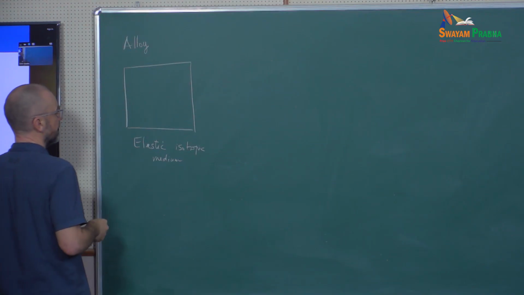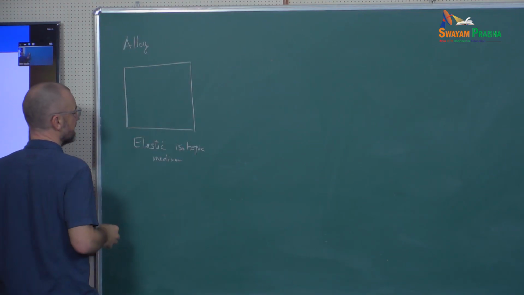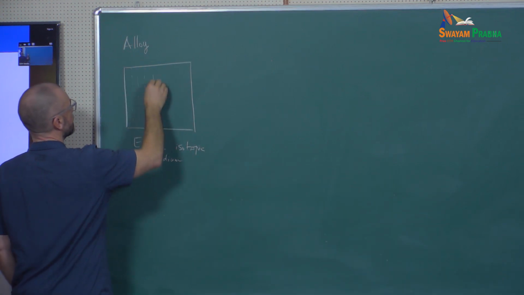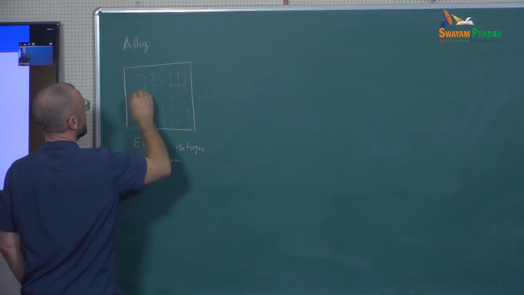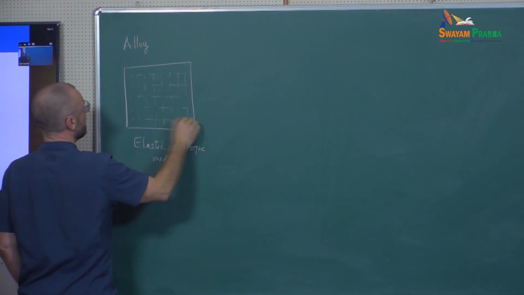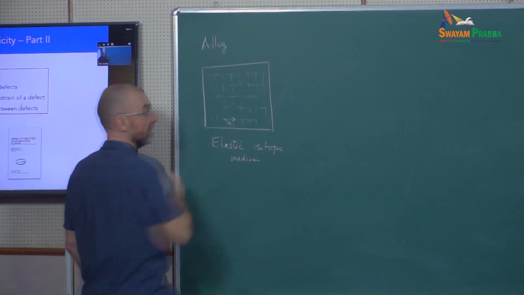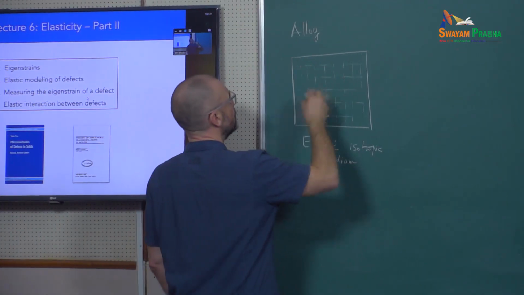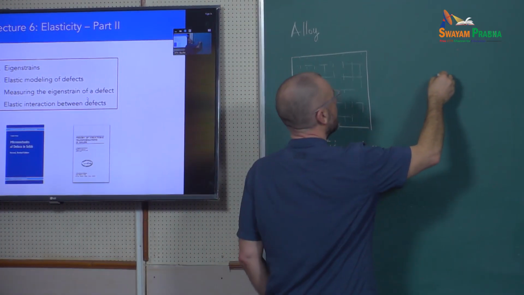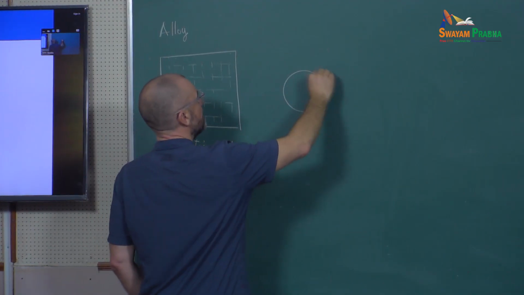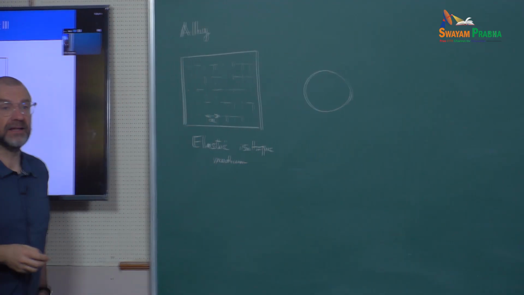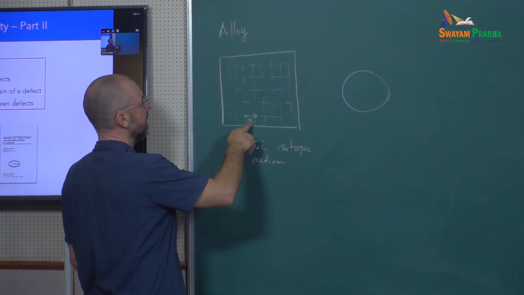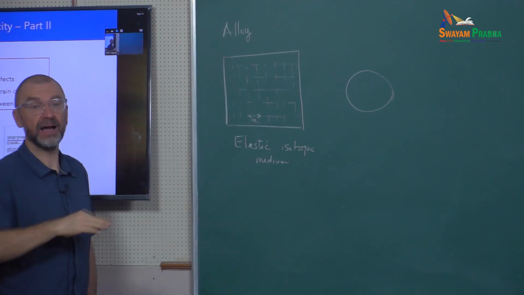And now let's assume that behind this elastic isotropic medium, there's a lattice with a lattice parameter here that I will call A. Now in this lattice, I am going to assume that there's a precipitate that forms, but the precipitate is made of a second phase that, in generality, does not have the same lattice parameter as the matrix.